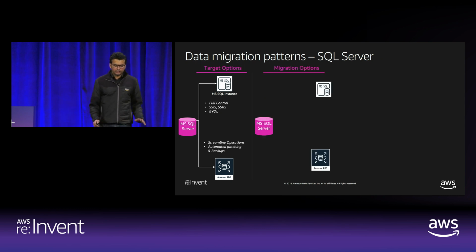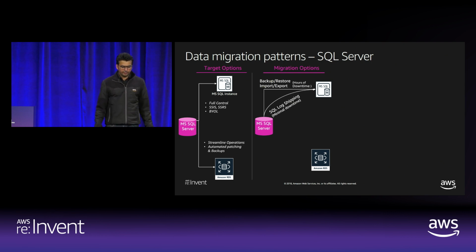If you're considering SQL Server on EC2, all the native SQL Server migration options are available to you. For example, you can use backup restore, import export, but keep in mind that this would require hours of downtime, which is very good for dev test environments.